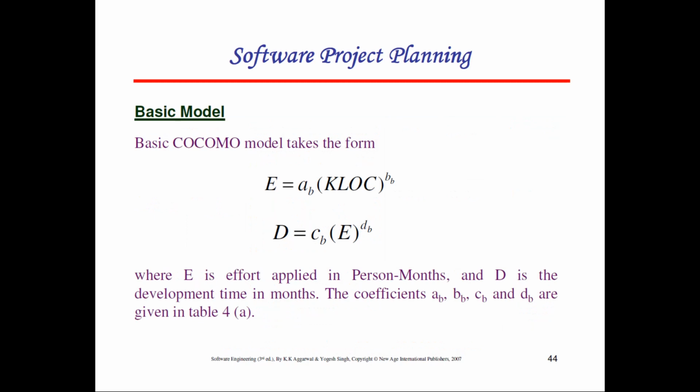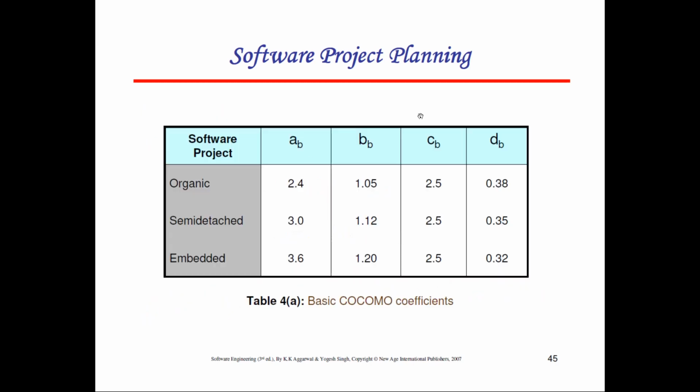Now there is also a formula for the basic COCOMO model. You can see the formula. Effort is calculated using the constant a into kilo lines of code to the power b, and duration is calculated by using this effort multiplied by cb, which is also a constant, multiplied by effort to the power d. Okay, now the values of ab, bb, cb, db will be given to you.